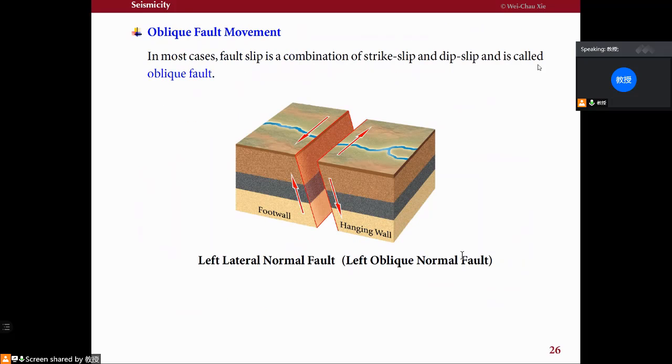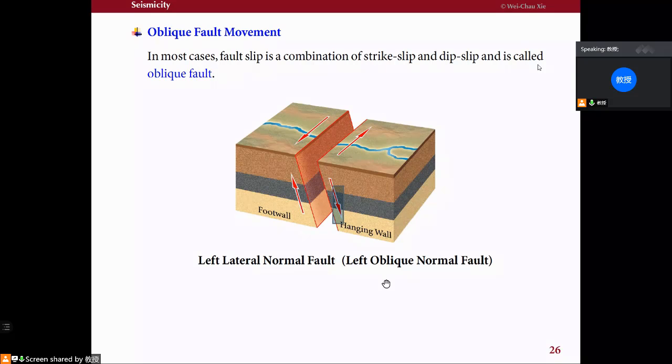In general, we have movement in both the strike-slip and dip-slip directions. So in most cases, fault slip is a combination of strike-slip and dip-slip, and it's called an oblique fault. We have movement in both this direction and this direction.